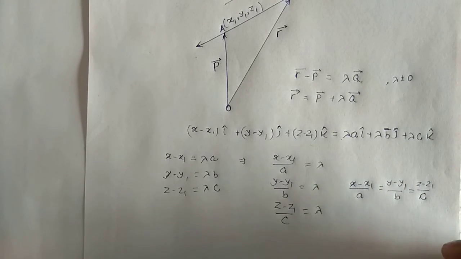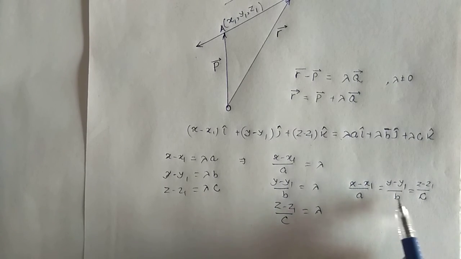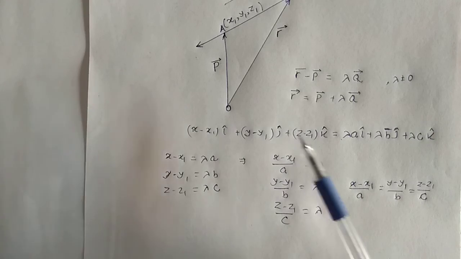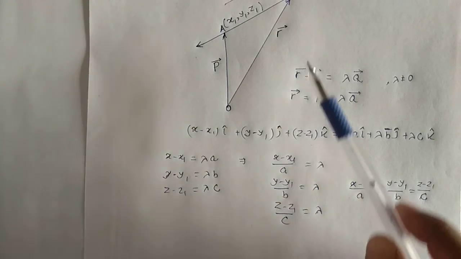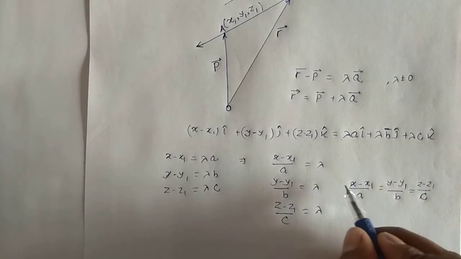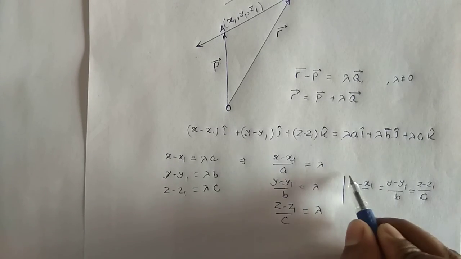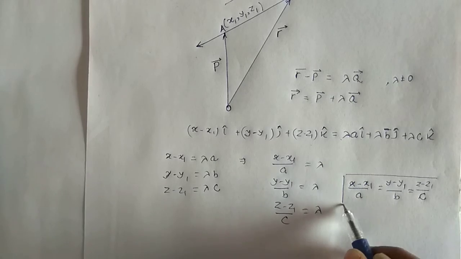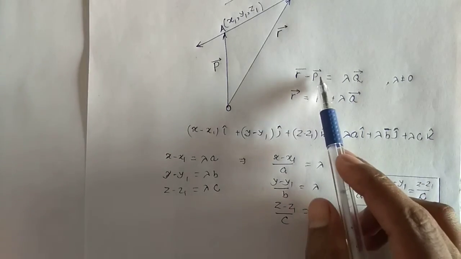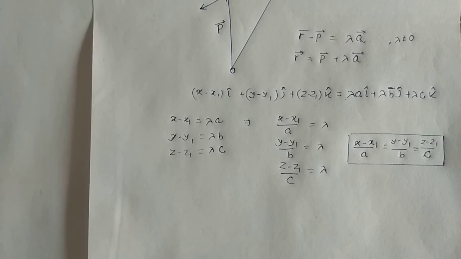Here a, b, c are called the direction ratios of this line. This is the Cartesian equation of a straight line, and that is the vector equation of the line, either of this or this.